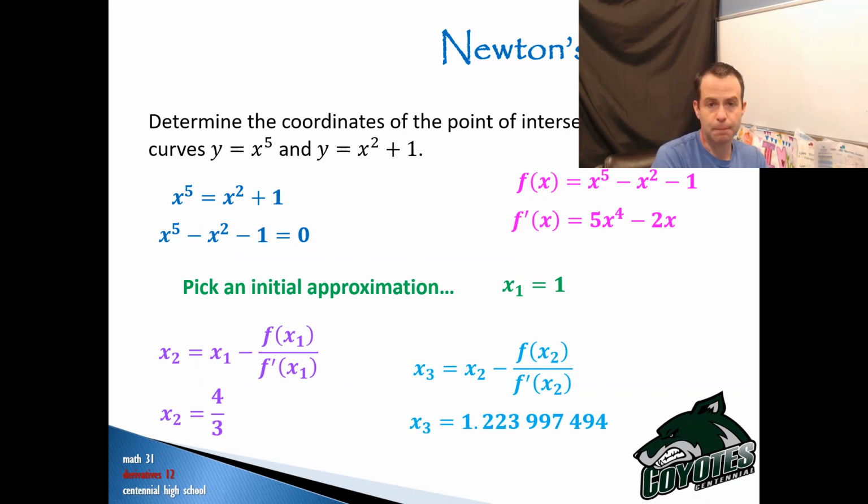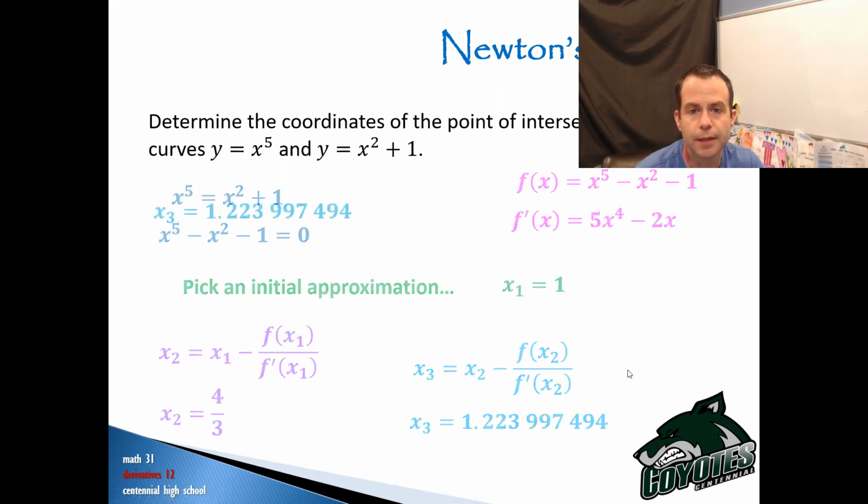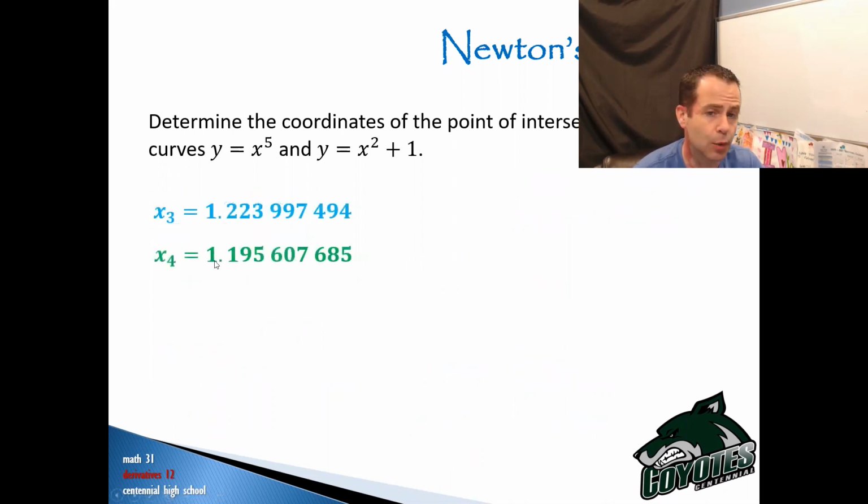Again, pause me. We want to just keep doing this until the number stops changing, right? So pause me and try x4. And so we end up with x4 being 1.195607685. Pause me and try x5.